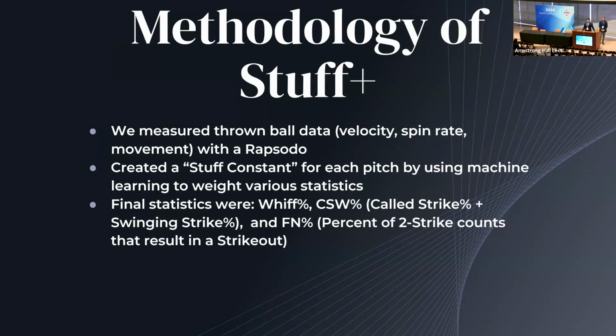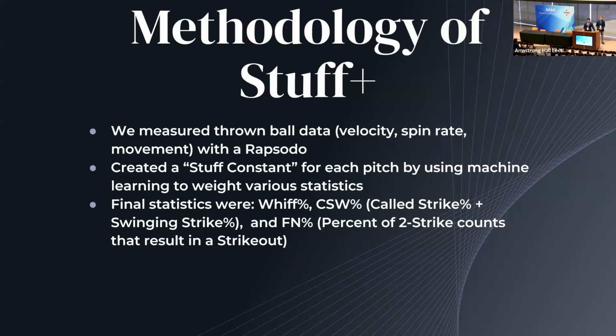For our methodology, we started with an intake bullpen where every pitcher got on the Rapsodo, which is the device that tracks pitches, spin, etc. We collected all of this thrown ball data for everyone's pitches. From there, we set about creating a stuff constant, using machine learning, specifically XGBoost, which is an extreme gradient boosting model, to weight the various statistics and see which stats were the most important and correlated with success.